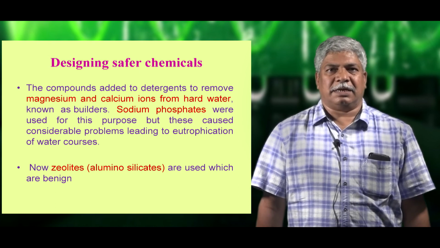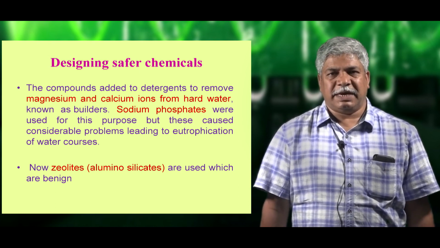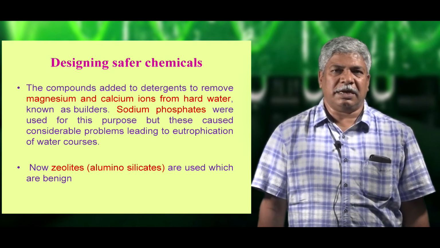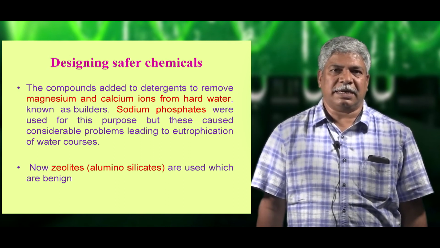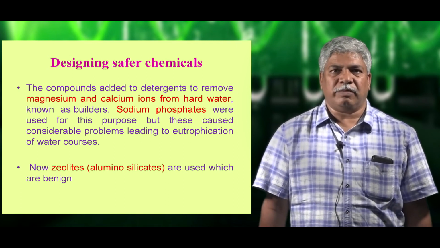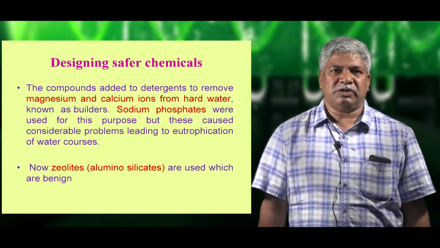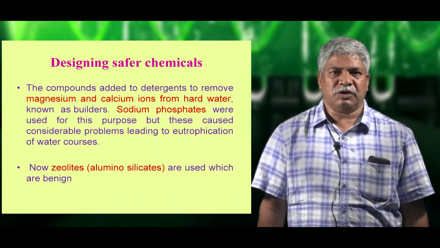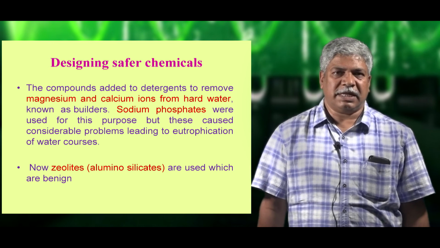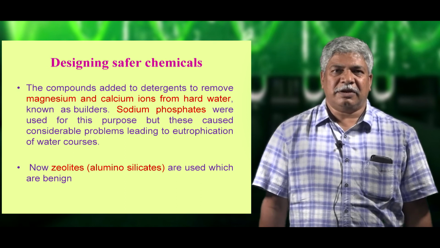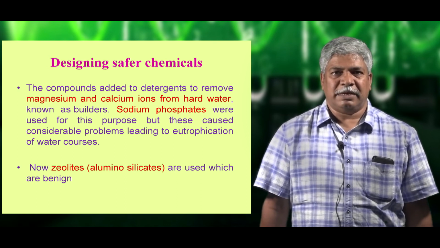And yet another example along the same line of detergents: another ingredient, usually called a builder, is sodium phosphates. These sodium phosphates are added to the detergent to remove calcium and magnesium ions, so that to a certain extent the hardness of water can be removed and the detergent ingredient can work well.